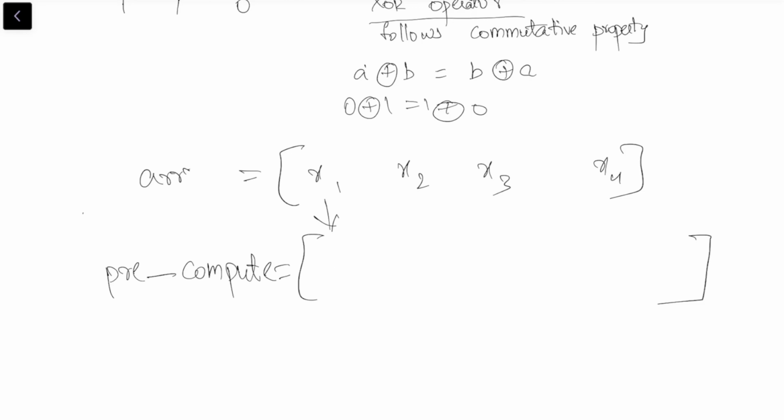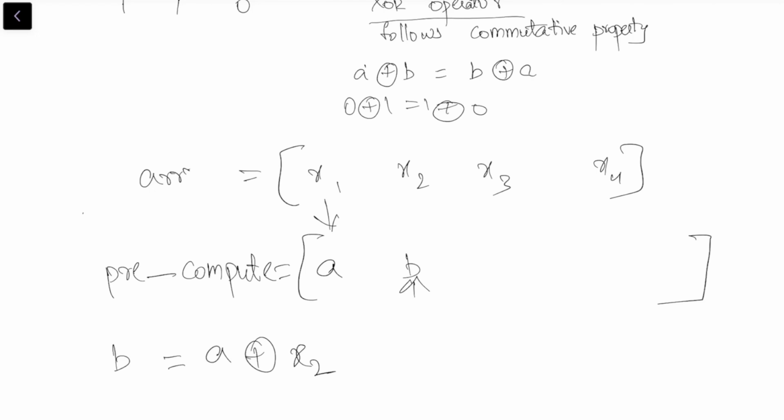Instead of x1, I'll rename it to A. What will be the second value? Let's say this is B. B will be the XOR value of x1 and x2. x1 is already A, so I'll put A.